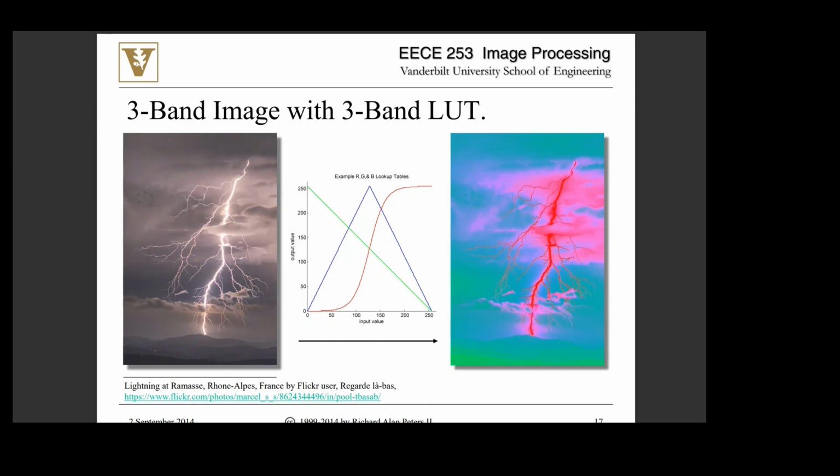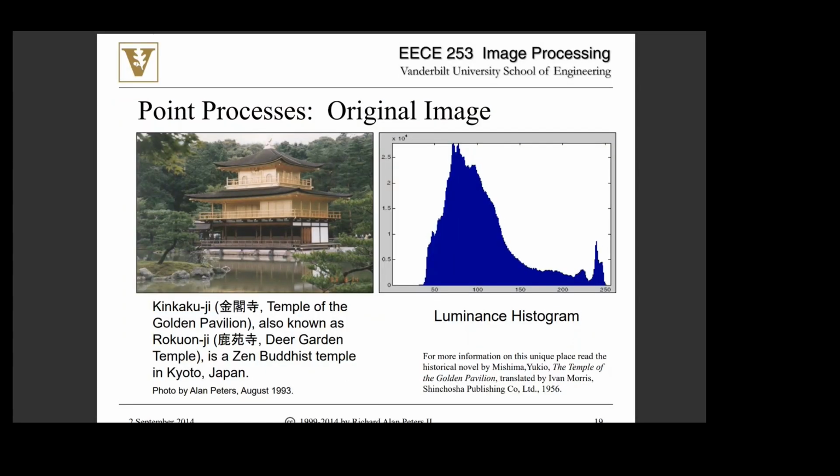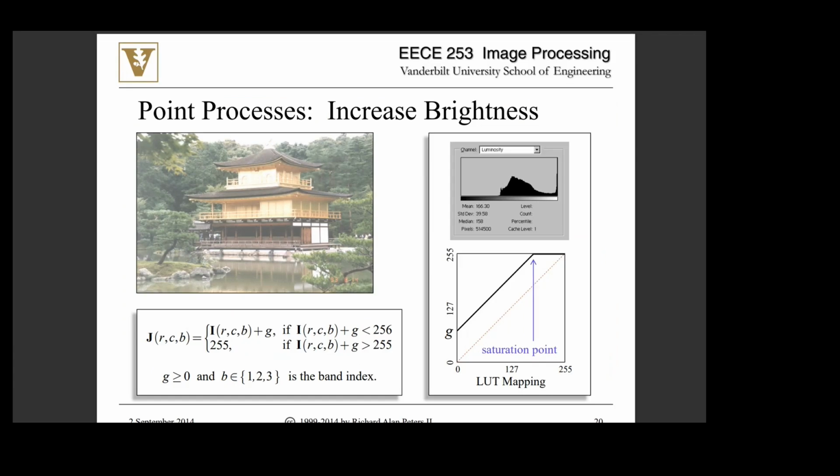Which other one? Red. Why? So all these saturated values, they are also losing information. Okay, so then what transformations can we do? We can shift all the values up.